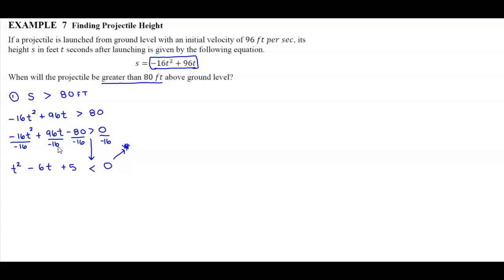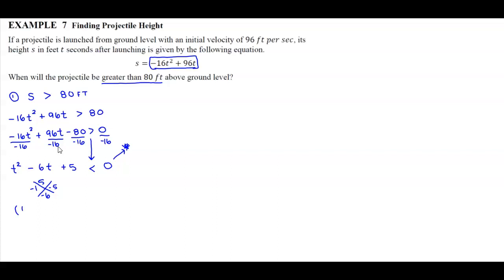Okay, so now that we've done that, we want to factor. If you recall, when we factor this, c is 5, and the value of b is negative 6. So what two numbers can we multiply to get positive 5 that, when we add them together, give us negative 6? Well, that's going to be negative 1 and negative 5, because negative 1 times negative 5 gives us positive 5, and negative 1 plus negative 5 gives us negative 6.